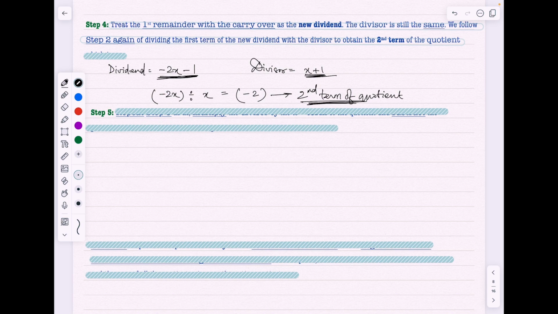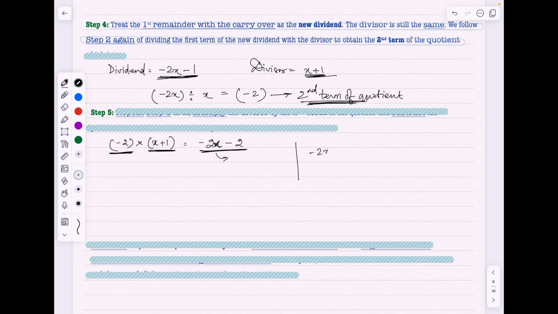Same thing that you did, you multiply the second term of the quotient with the divisor, that is x plus 1. What you are getting? You are getting minus 2x minus 2. Now you subtract this product from the dividend.